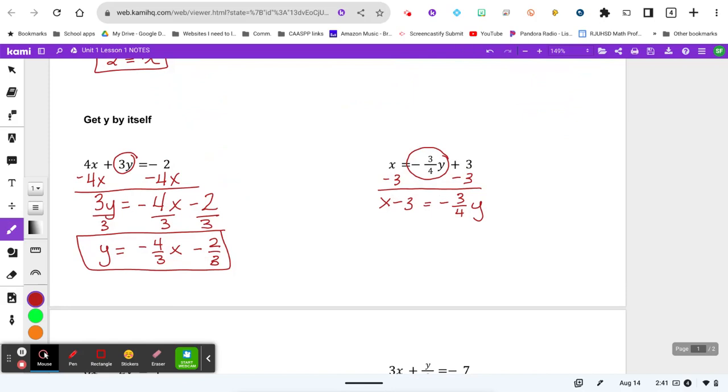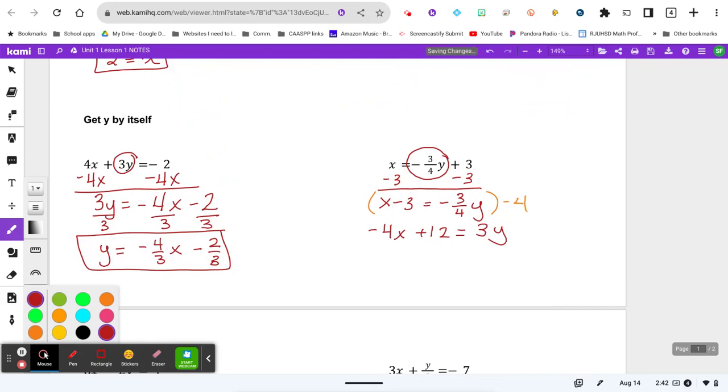I find it's just a little bit easier if I just multiply everything by the denominator, and I'm going to take that negative with it since it's just much easier to get rid of it now. I'm going to multiply every number by negative 4. So we're going to go negative 4x plus 12 equals 3y.